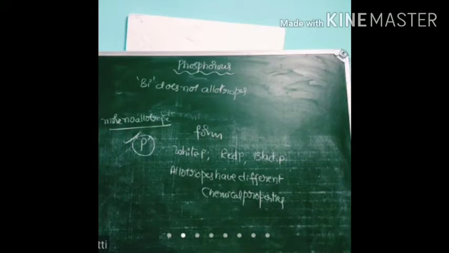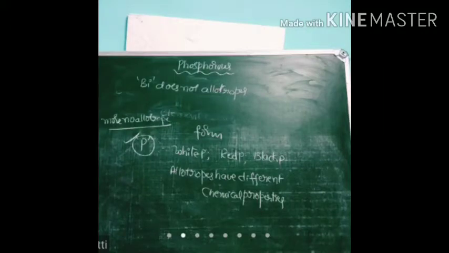Bismuth does not show allotropes. More allotropic forms are shown by phosphorus, and according to our portion, we have only allotropes of phosphorus.